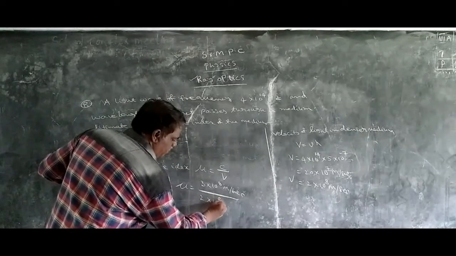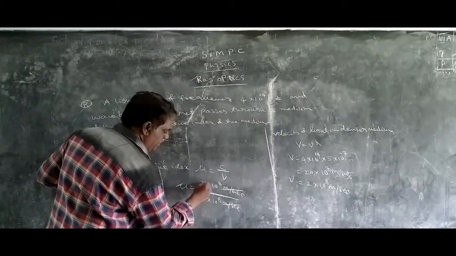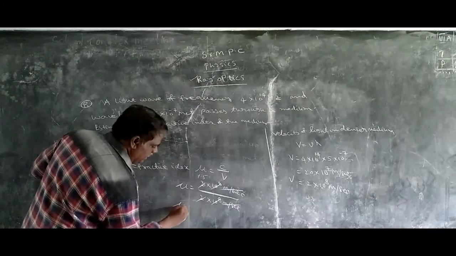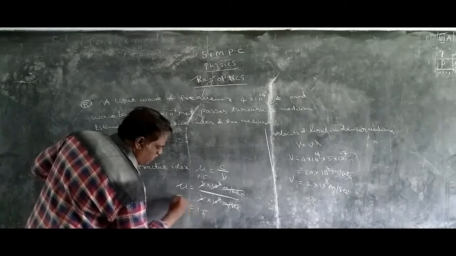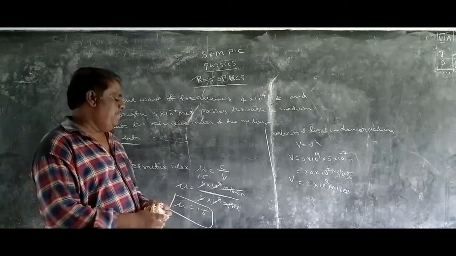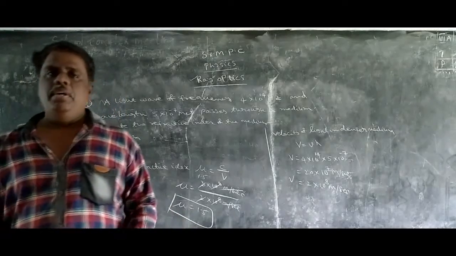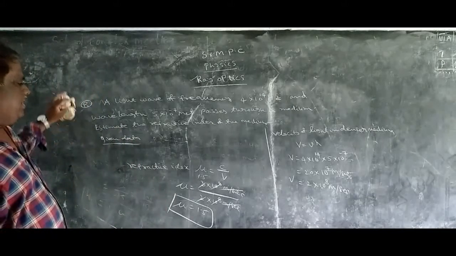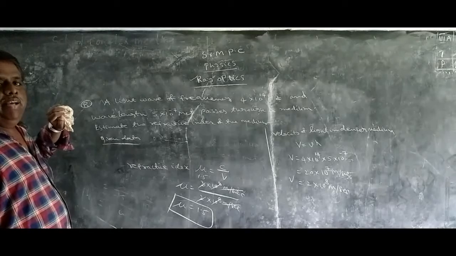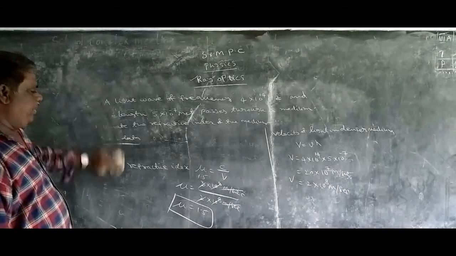Meter per second cancels, 10 power 8 cancels, and it becomes 1.5 without any units. So the refractive index of the medium will be equal to 1.5. Note this is one of the problems, when frequency and wavelength values are given.